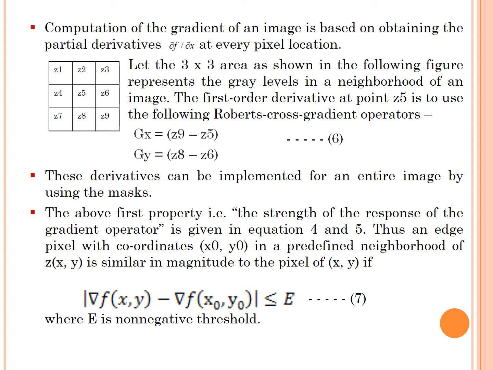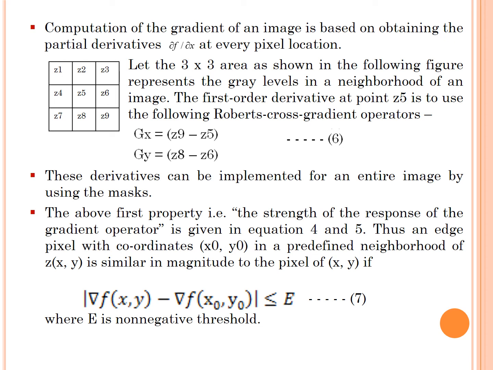Let the 3 by 3 area as shown in the figure represent the gray levels in a neighborhood of an image. The first order derivative at point z5 is computed using the Roberts cross gradient operators, that is gx is equal to z9 minus z5 and gy is equal to z8 minus z6. These derivatives can be implemented for an entire image by using the mask.